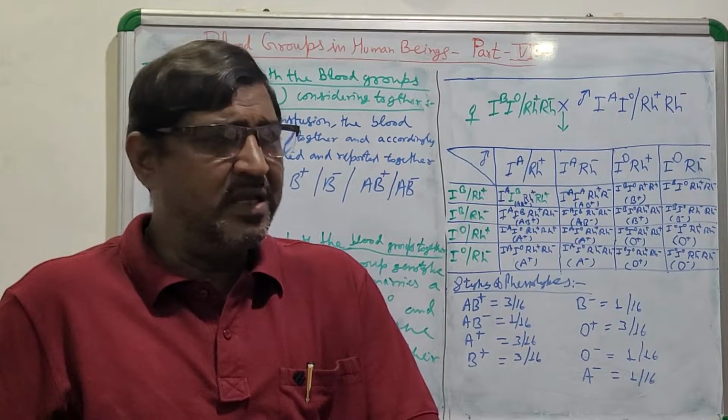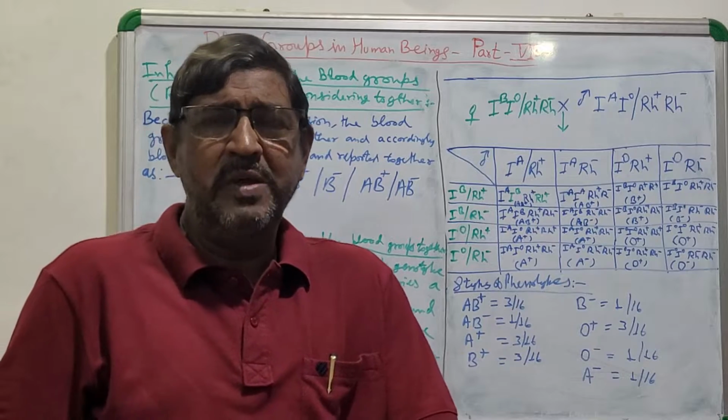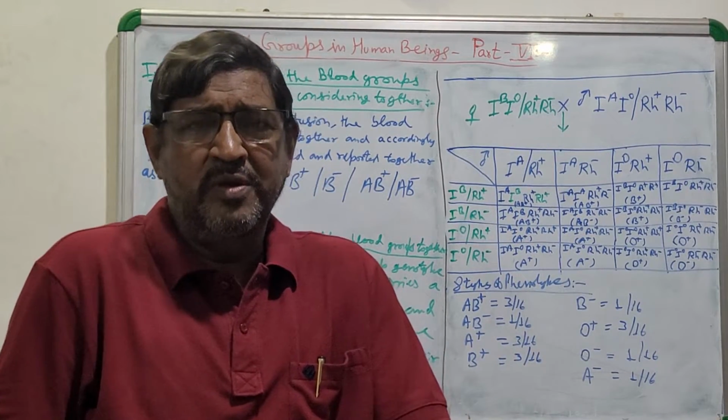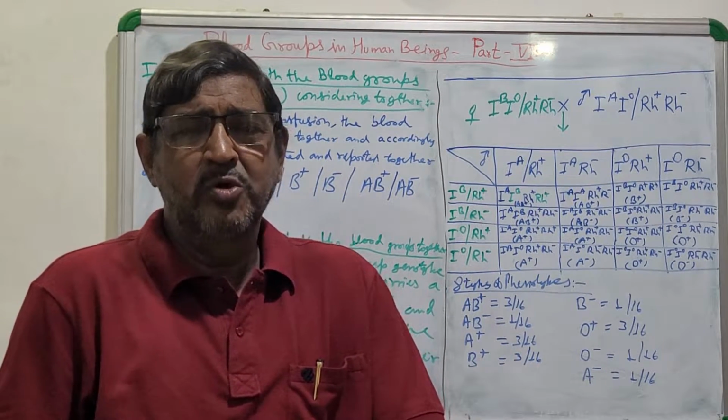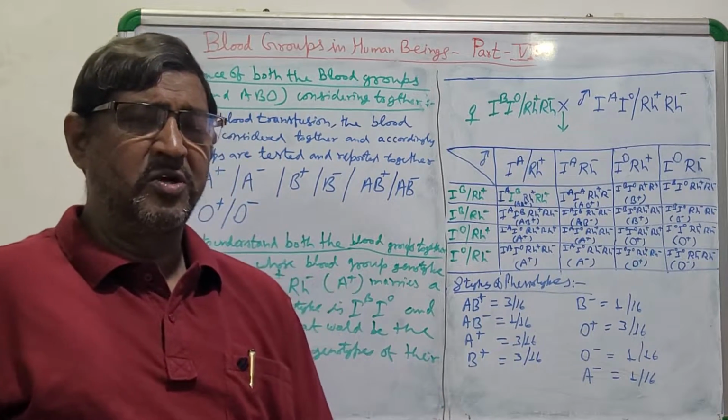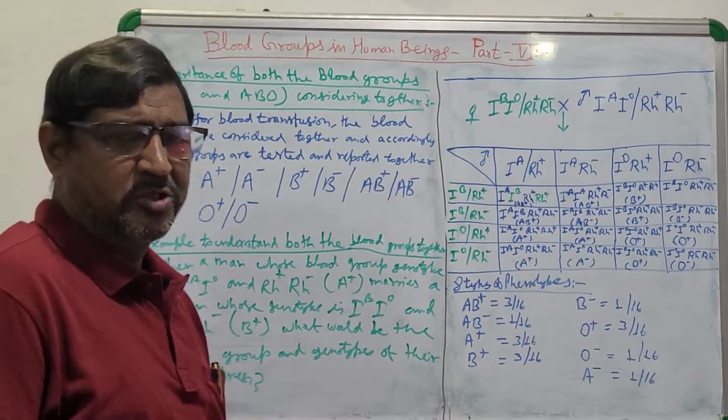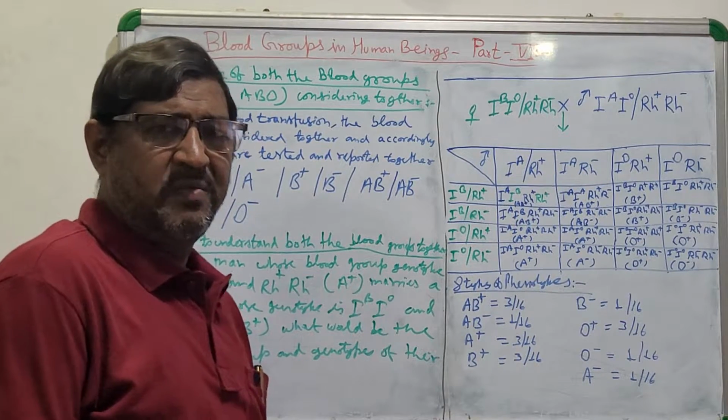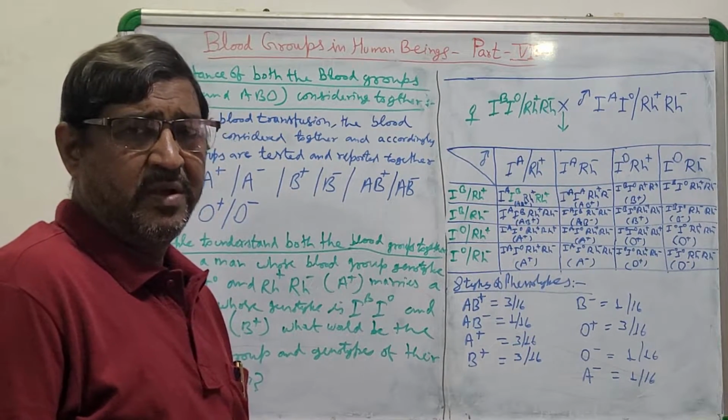Similarly, for AB blood group, for B blood group, for O blood group, once you are considering both together, you give your result in that way: A positive, A negative, O positive, O negative, AB positive, AB negative.